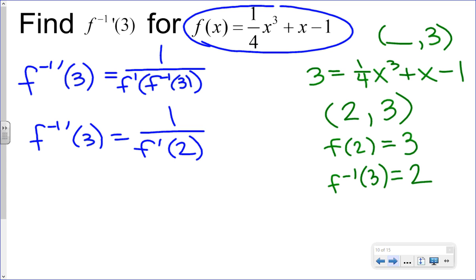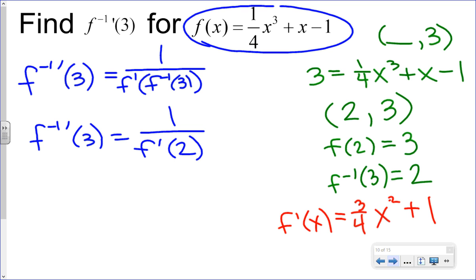Okay. All right, so let's talk about f prime. Tyler, what's f prime? Let's go up here. Here's f. What would the derivative be? What would the power of this x be? Yep, good. So 3/4 x squared plus 2. Excellent. Plus 2, plus 1.